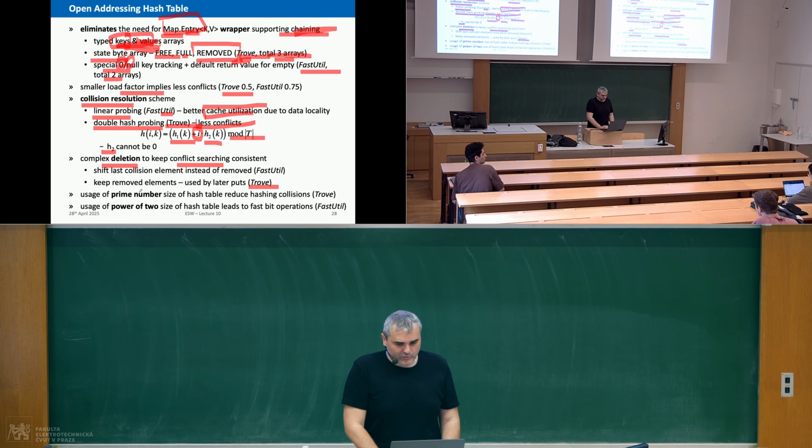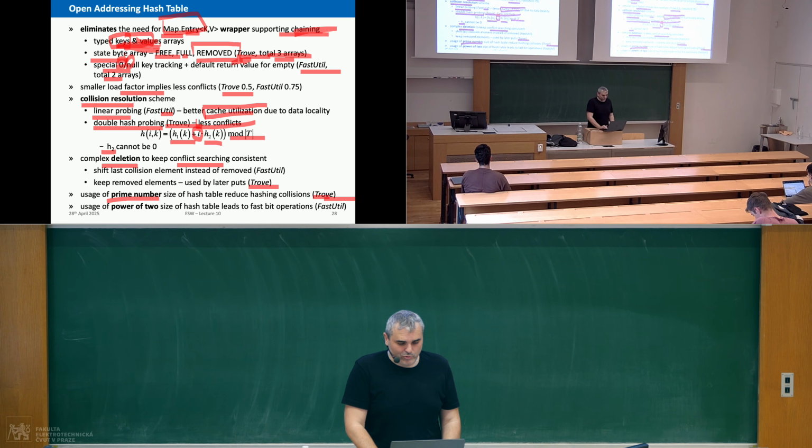Moreover, what is the size of backend hash tables? For Trove, because it tries to work with the best mathematical approach to hashing, using this double hash probing, etc., it found, okay, if the hash table size is a prime number, that's the best I can do. Because there is this modulo, and it is proven best to use hash table sizes which are prime numbers.